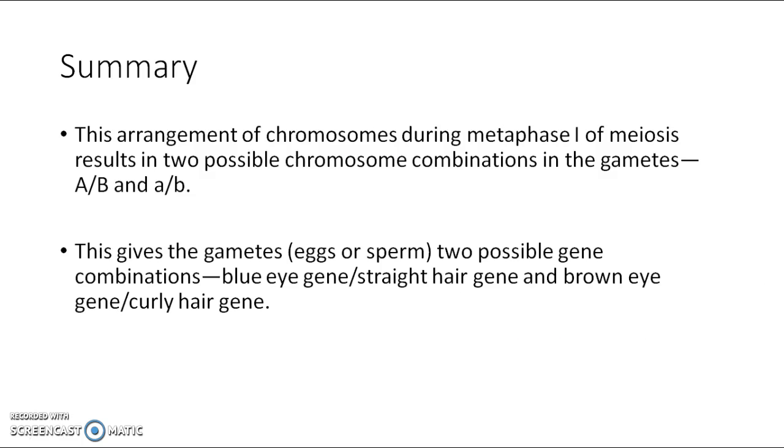So due to this particular arrangement of chromosomes during metaphase 1, we end up with 2 possible chromosome combinations, so big A and big B, which are both maternal in some of the daughter cells, and little a and little b, which are both paternal in some of the daughter cells. That gave our daughter cells, eggs or sperm, 2 possible gene combos, blue eye gene, straight hair gene, and then the brown eye gene, curly hair gene in some of the daughter cells.